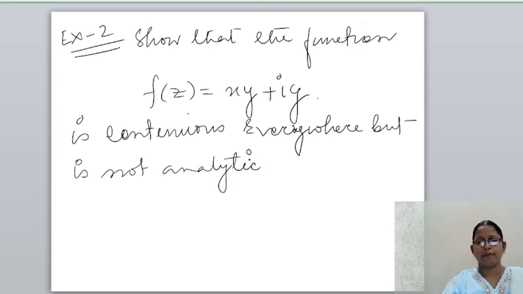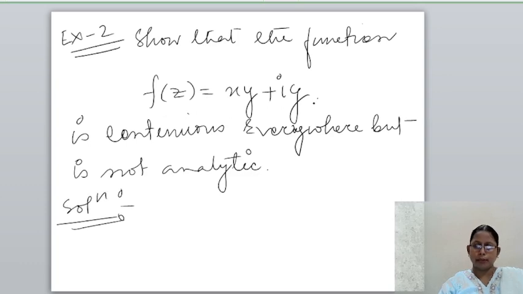Solution. What we have given is the function f(z) equal to xy plus iy. We have to show that it is continuous everywhere, but it is not analytic.